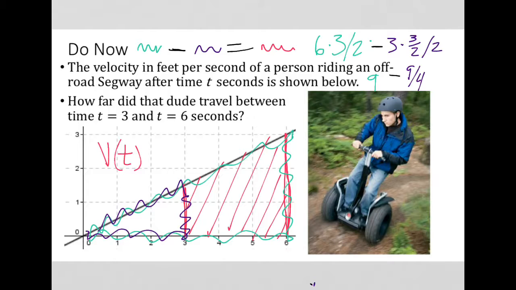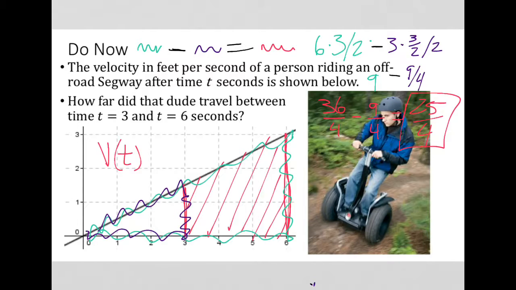So 9 times 4 is 36 over 4 minus 9 over 4 equals that pink area. 36 minus 9 is 25 over 4. So that person traveled 25 fourths feet between times t equals 3 and t equals 6.